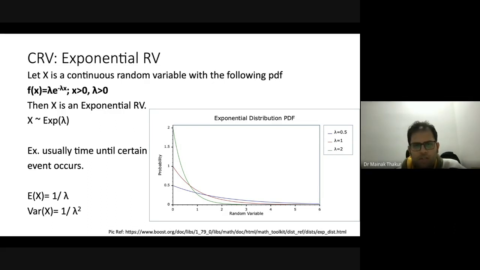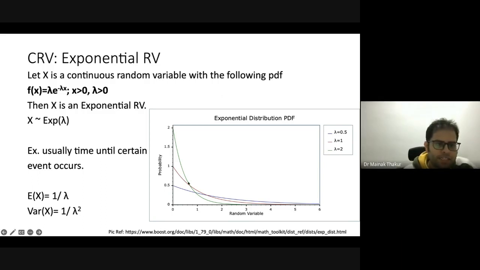If I say within 1 hour how many telephone calls will come, this can be modeled using a Poisson distribution. But if one telephone call has come, and I ask when the next call will come, this time can be modeled using an exponential random variable. So it's usually the time until a certain event occurs.